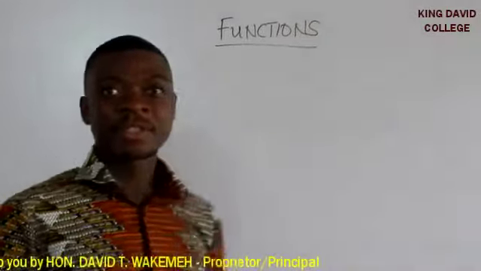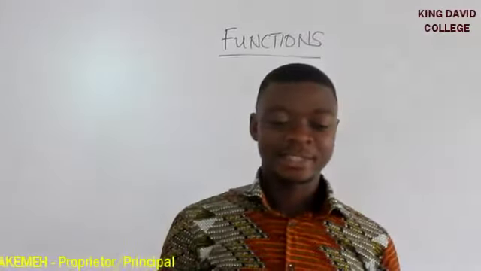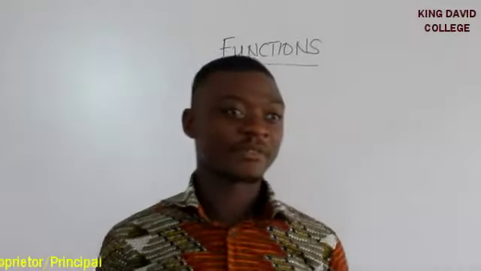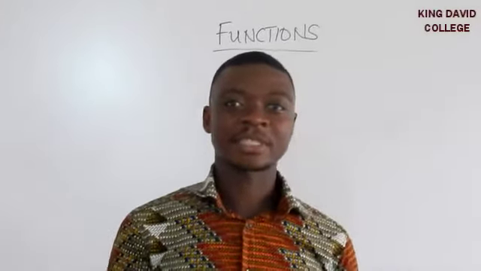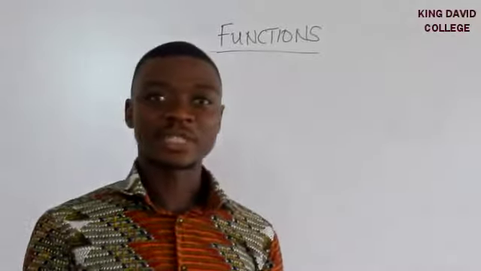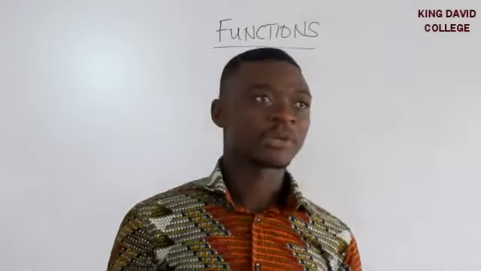I believe we've all heard of functions and we know what functions are. So we know the types of functions that are available, and so we shall go on to look at the types, and then we look at the function notation, and then proceed to solve the examples. Right.